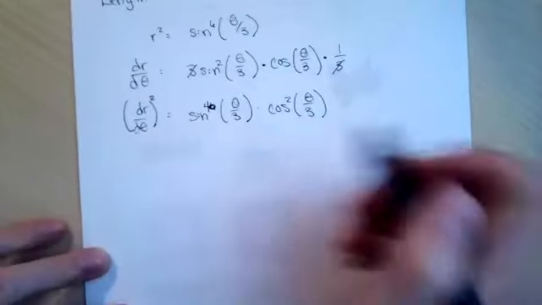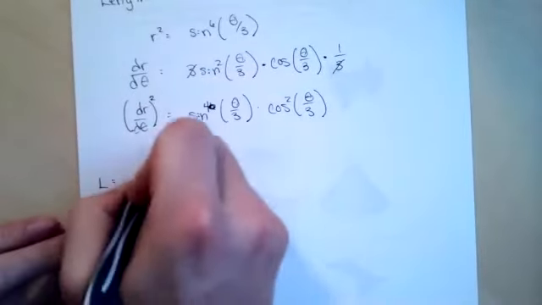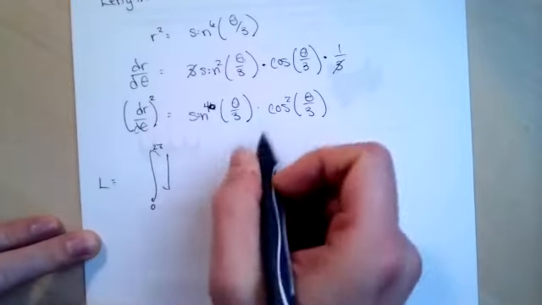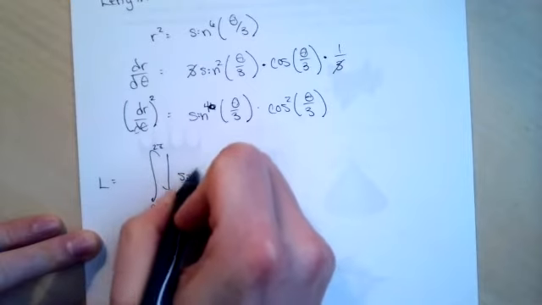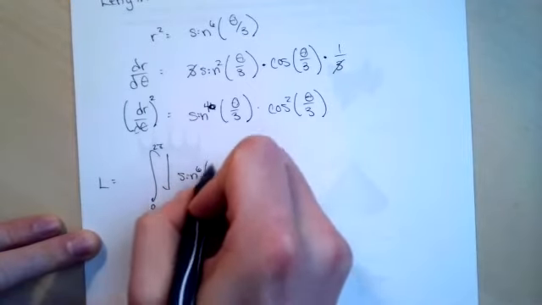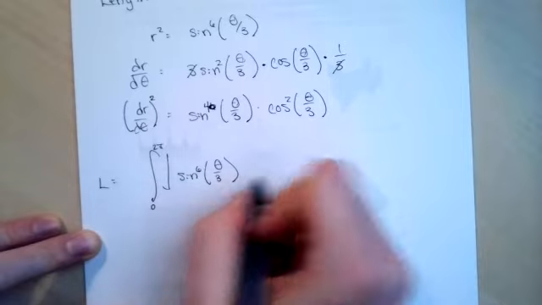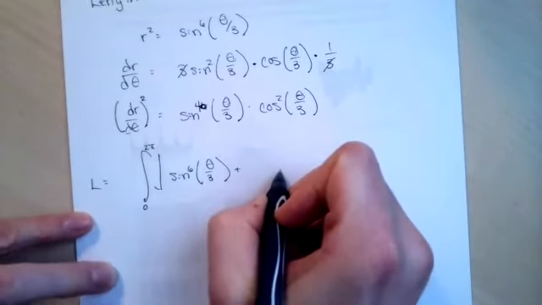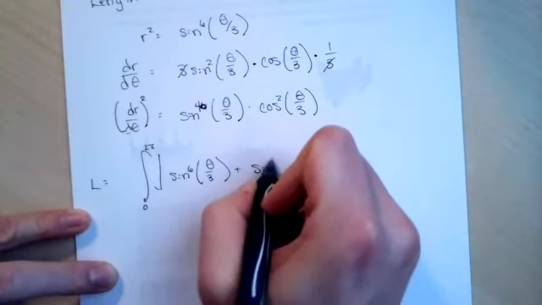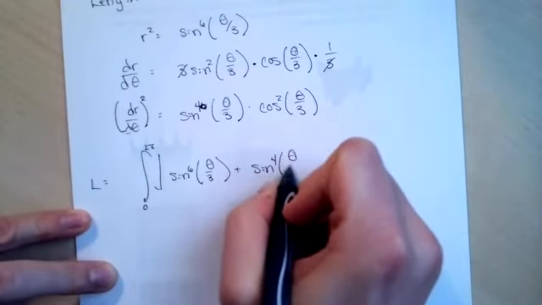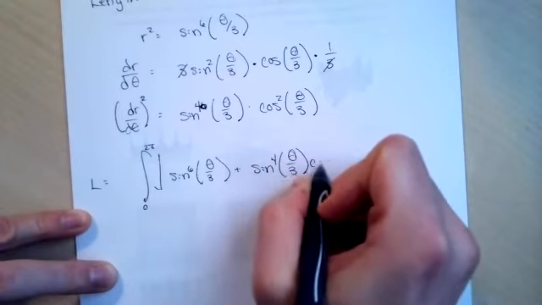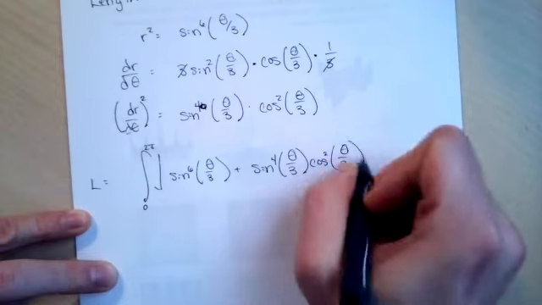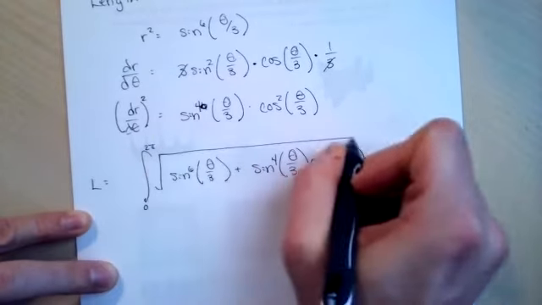And so what do we want to do? Compute the length, 0 to 2 pi, square root of r squared plus dr/dθ squared, d theta.